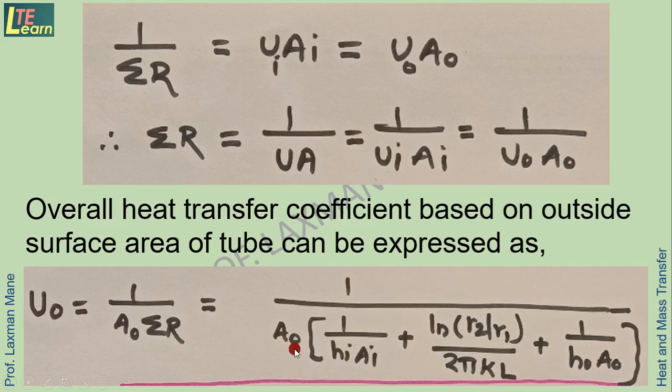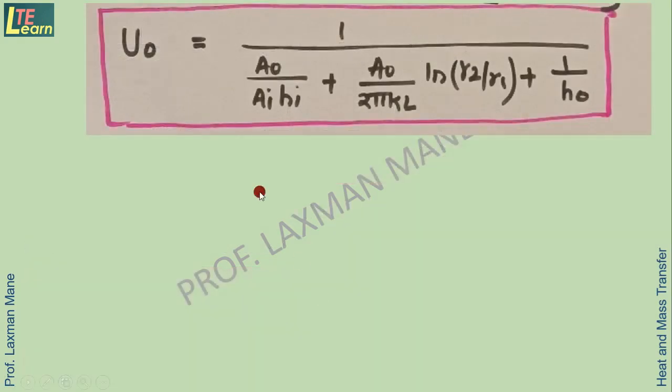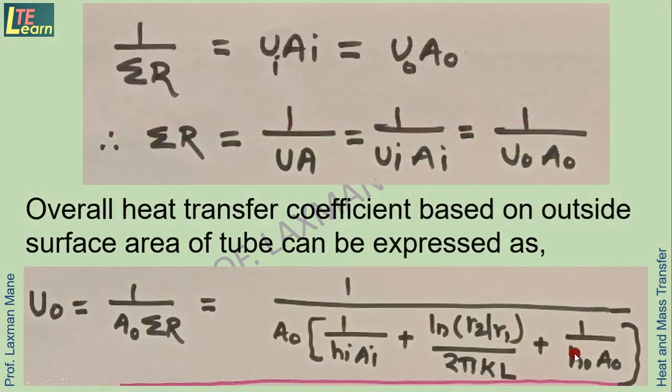Next step, we multiply this Ao with each term inside the bracket. So Uo is equal to 1 upon, first term, Ao upon Ai Hi, plus Ao upon 2 pi KL natural log of R2 by R1, plus for the last term, Ao in numerator and denominator get cancelled.